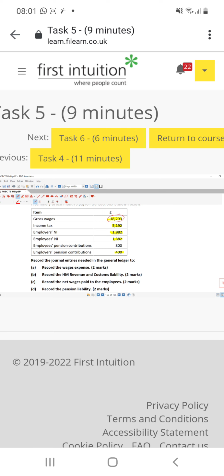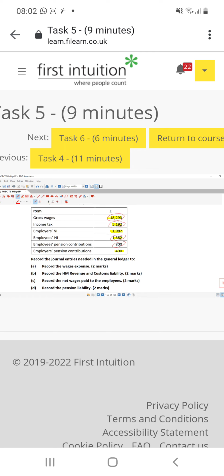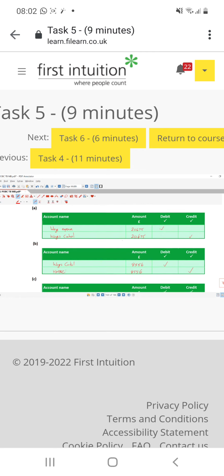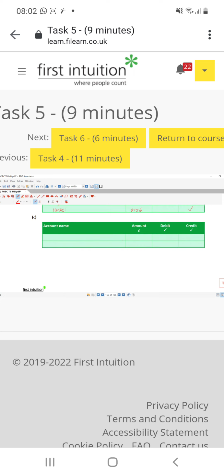So the employee will have income tax deducted from their gross wages, and employees' national insurance contribution and employees' pension contributions as well. If we take away income tax, employees' national insurance and employees' pension contributions, this means the actual amount of money that the employees receive into their bank accounts is 10,919.